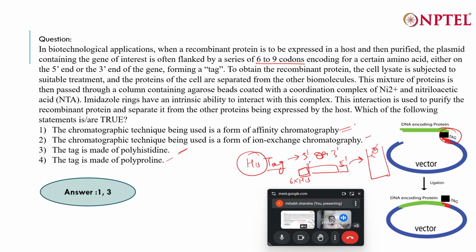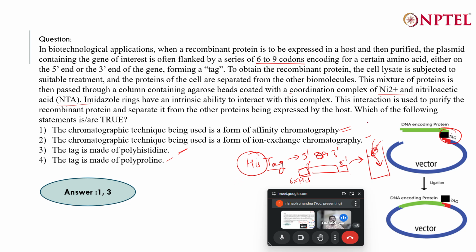Now, for example, if the beads are coated with a coordination complex of Ni2+ and NTA, Ni-NTA also has an affinity towards the his tag. So the his tag directly attaches to the Ni-NTA column, and while separating we use imidazole as the elution agent, because histidine has an imidazole side chain.